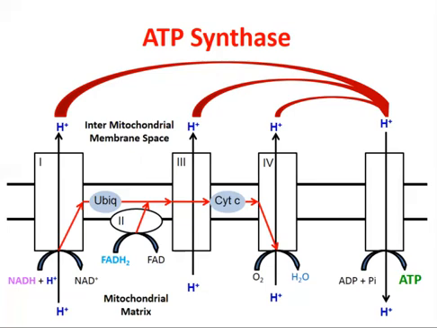So when we have this gradient, now we can have hydrogen ions flow down their gradient back into the mitochondrial matrix. And as they flow down their gradient, they provide energy to phosphorylate ADP into ATP.